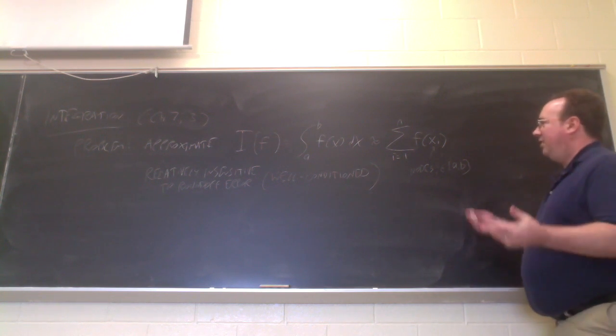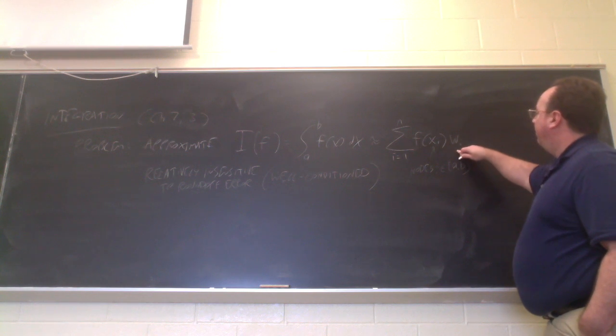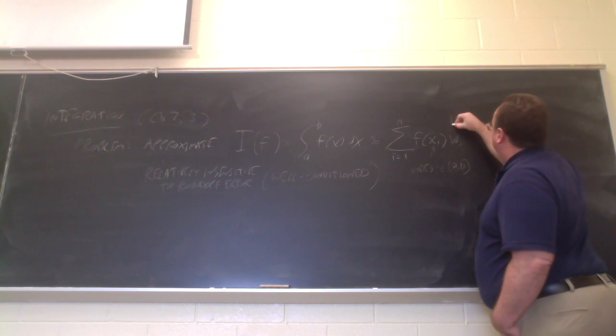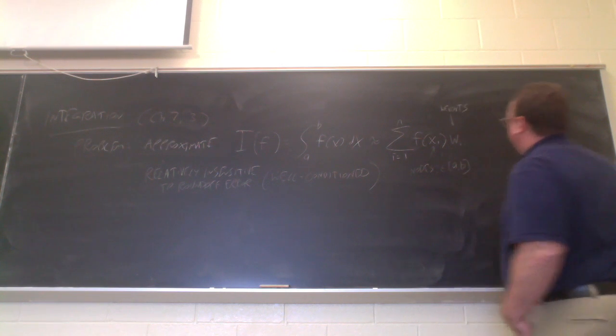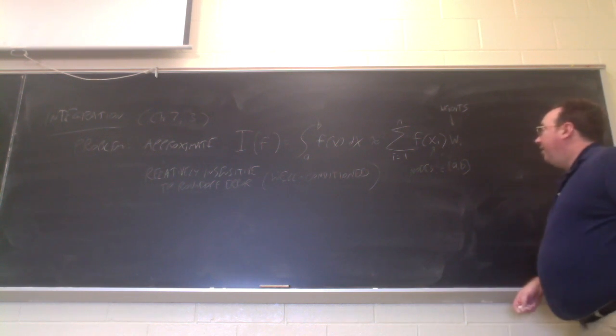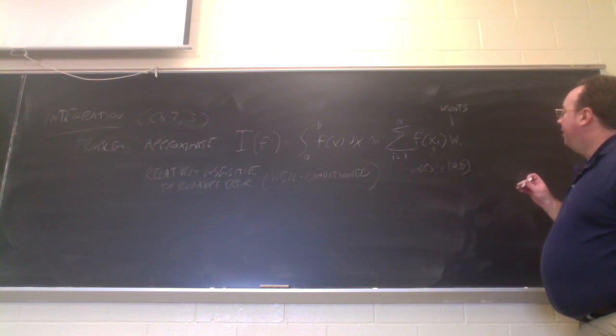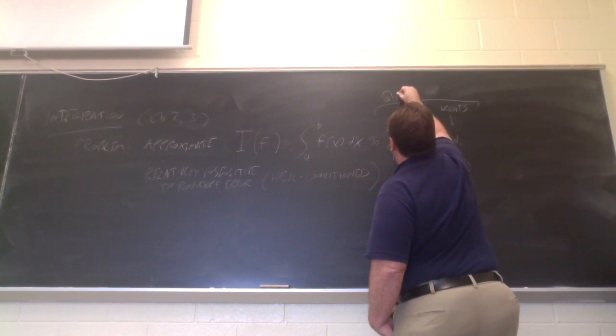This makes sense anyway. Multiplied by certain numbers w_i, which are called the weights. Okay. So the problem becomes, how should we choose the nodes and the weights in order to maximize accuracy? Now, the whole thing is called a quadrature rule.